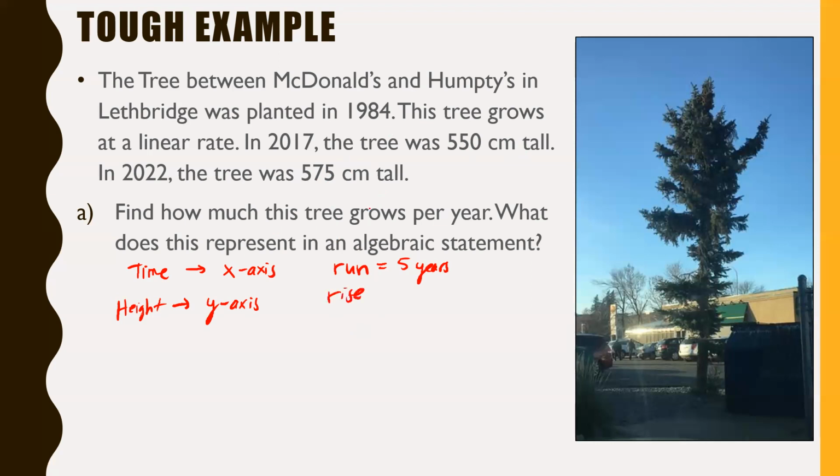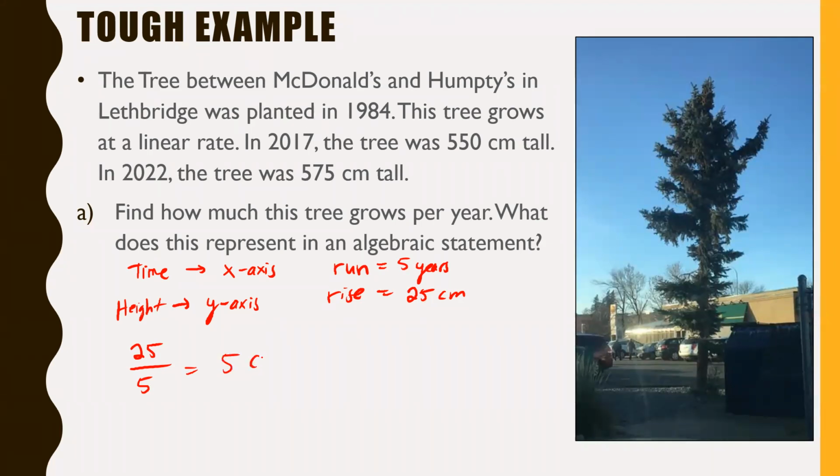So our rise is the difference between these two. Well, 550 to 575, you just subtract those two and you're going to see that our rise here was 25 centimeters. So if we rose 25 centimeters in 5 years, that's our rise over our run, which is 5. 25 divided by 5, well, that's going to be 5.